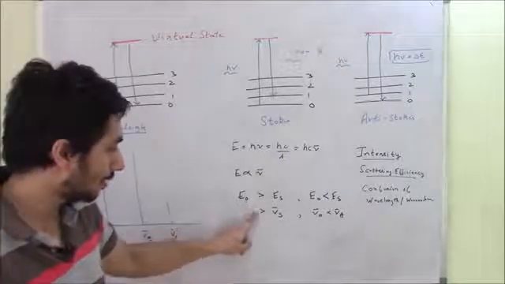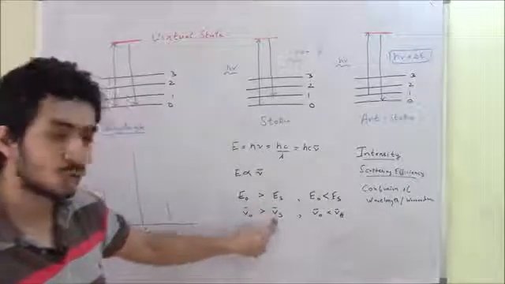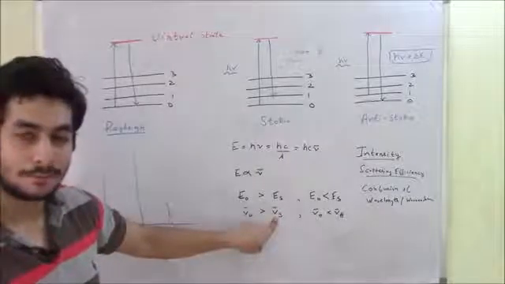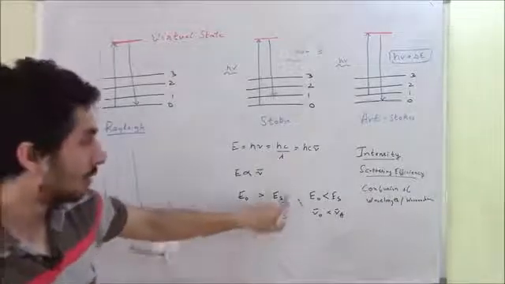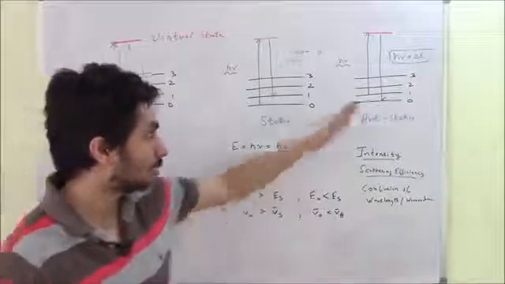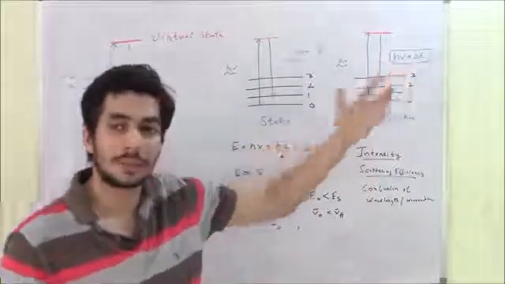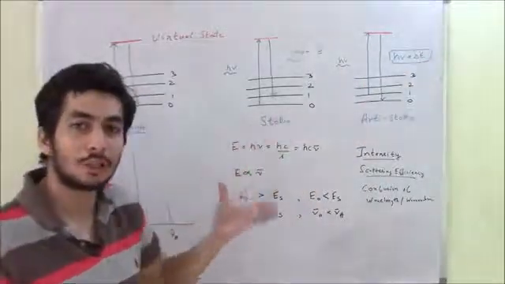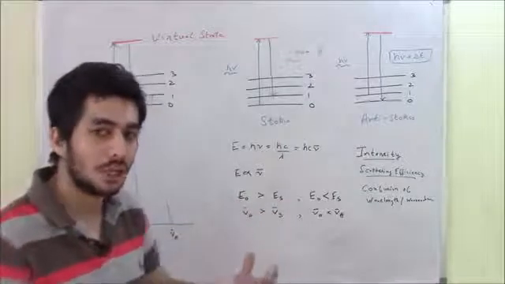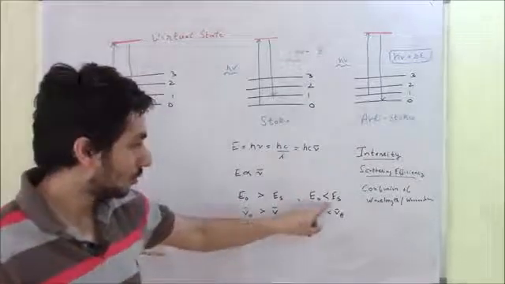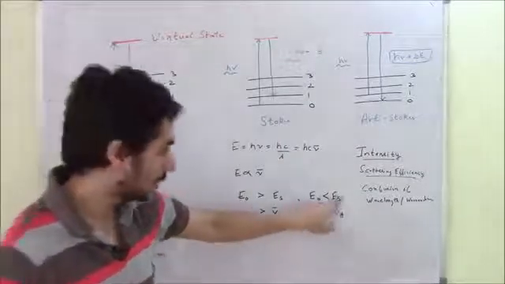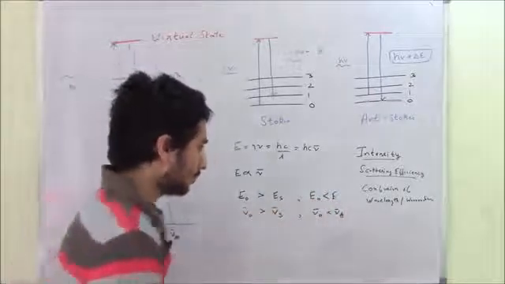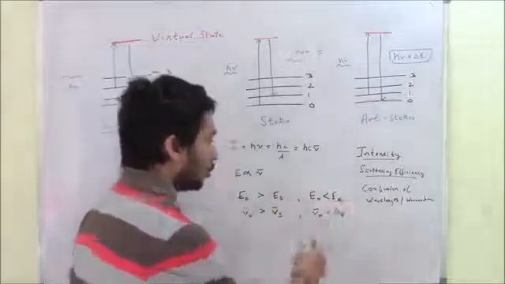The Rayleigh wave number is ν naught, and the Stokes line wave number is νs, which is going to be less. But in anti-Stokes we have hν plus delta E. That means to the Rayleigh photon, or the incident photon, we are adding some energy, so the energy of anti-Stokes is going to be greater than E naught.